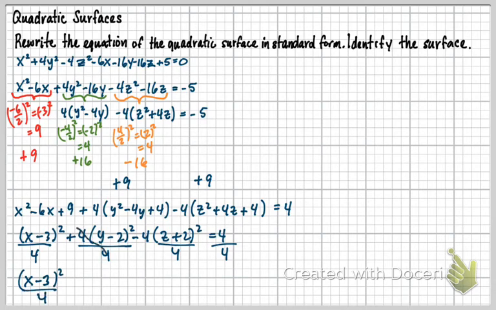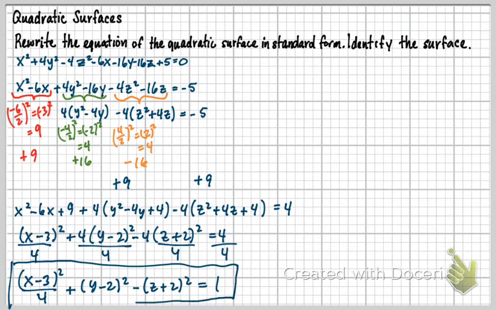And those cancel. So that's going to be plus y minus 2 squared. And then for the last one here, those 4's cancel as well. And that's going to be a minus z plus 2 squared, and that's going to equal 1. This is that equation in standard form.